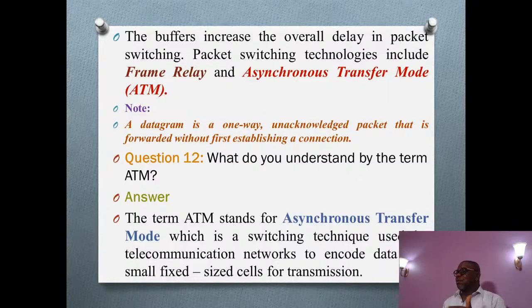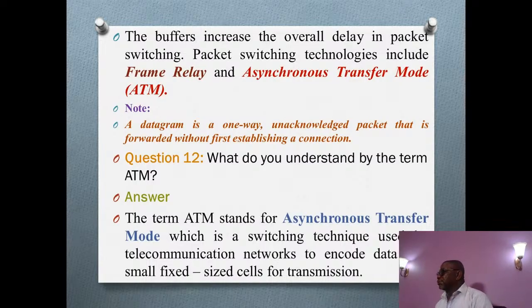And that is why we say that in the traditional IP, Internet Protocol, what happens is best effort. It is making the best effort to deliver. But if it doesn't deliver, it doesn't matter because it doesn't have time to get acknowledgment from you whether what you wanted is delivered to you or not. We call such delivery a datagram. It's a one-way, unacknowledged packet that is forwarded without first establishing a connection.